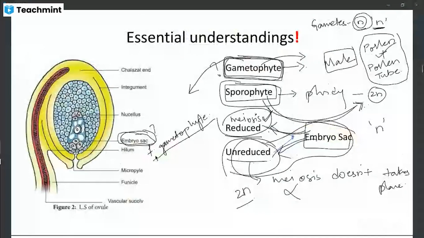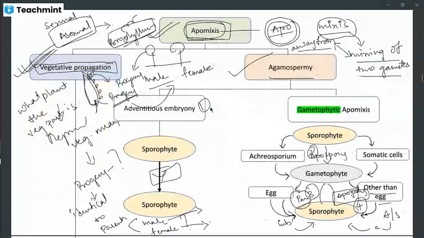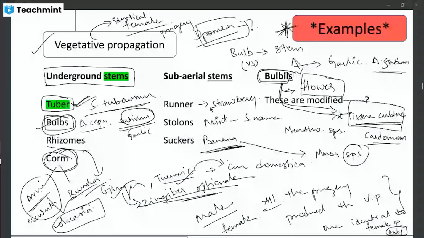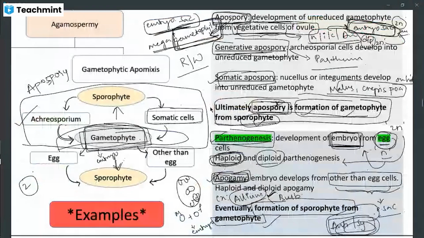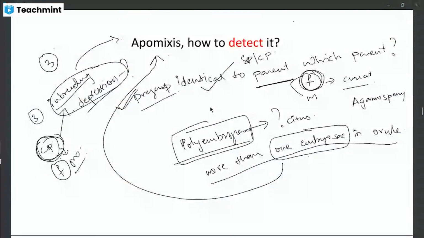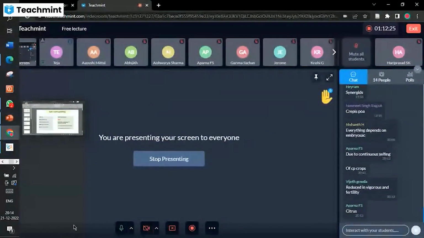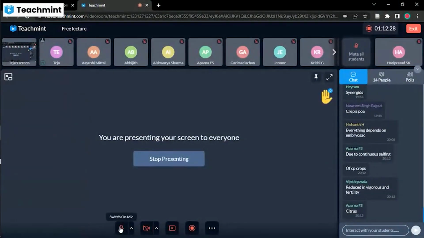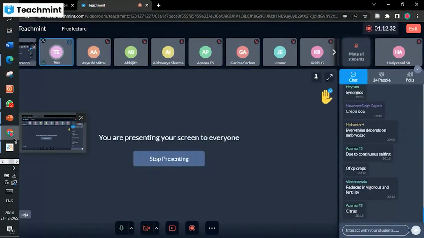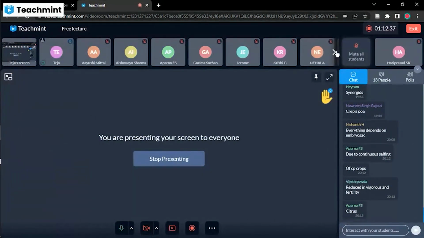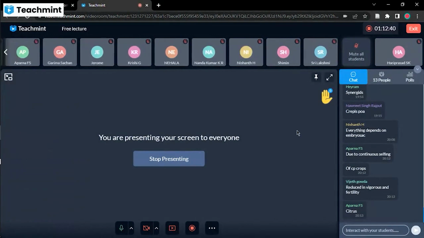Any clarification you need in apomixis? Any clarification? Anyone?